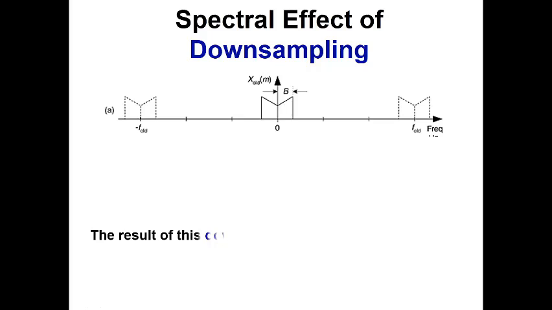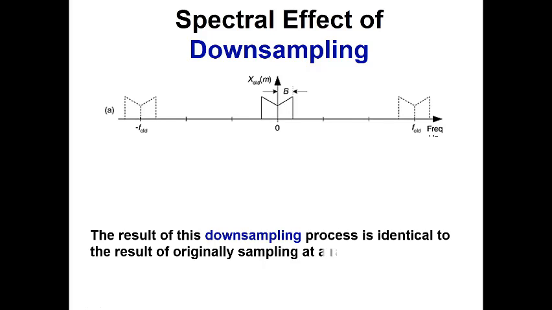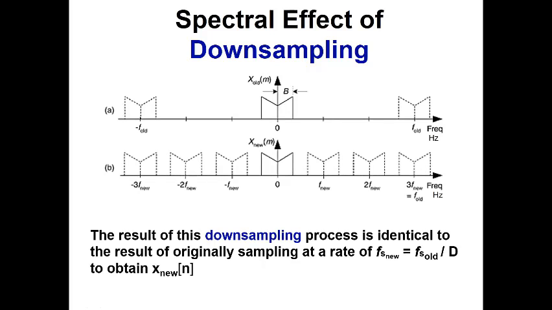What's going on in the frequency domain, and we looked at this briefly with sampling, is if we use an analog frequency axis, we start off with some function with some band limit, and we sample it at some sampling rate that maybe we determined was higher than we really needed, and we want to use a lower sampling rate. We know that the original signal spectrum is going to be replicated around every integer multiple of the original sampling rate.